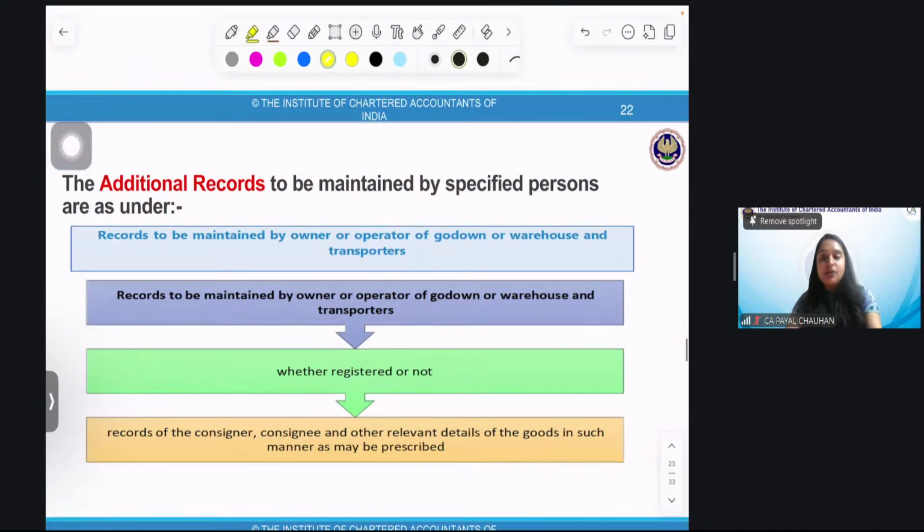Now, additional records to be maintained by specified persons are as under: records to be maintained by owner or operator of a godown, warehouse, and a transporter, whether registered or not. Who will answer me? If I'm not registered under GST, then what do I need to get?